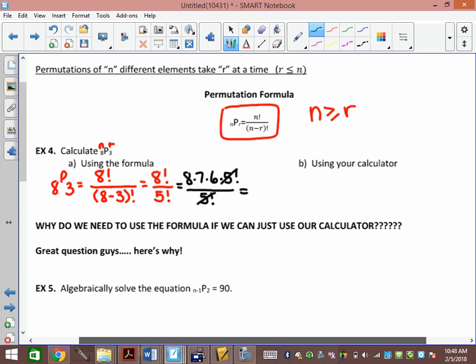Could you just go 8 factorial divided by 5 factorial and get the same answer? Yeah. What's 8 times 7 times 6? 336. Now we're going to use our calculator and see. 8P3. Punch it in: 8, math, over to probability, 3.